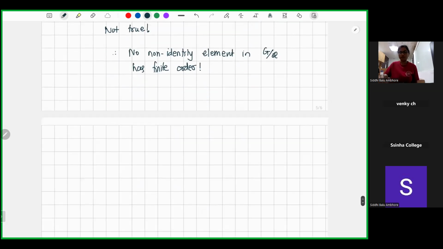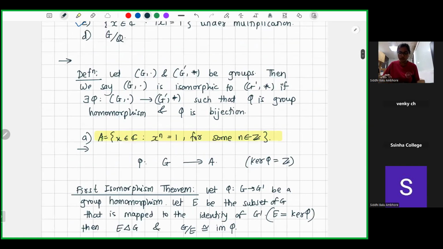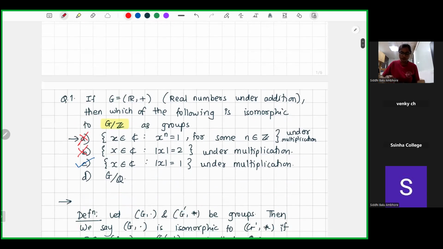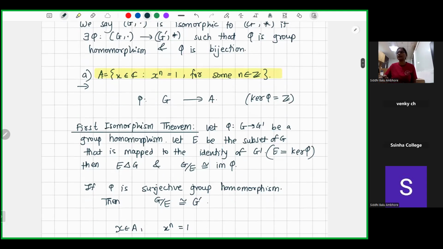So therefore G quotient Z is not isomorphic to G quotient Q. Out of these four, this was the only group which is isomorphic to my group G quotient Z. Any problem here?